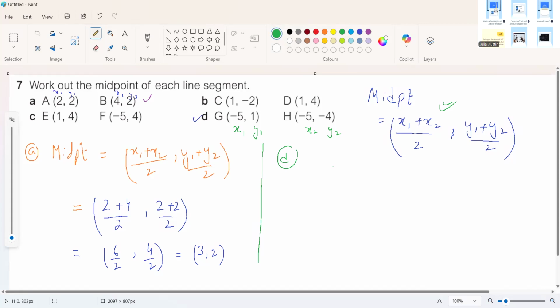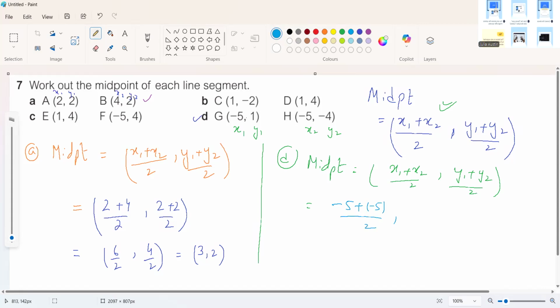So for part D, midpoint is equal to x1 plus x2. I'm just rewriting the formula so that we are familiar with it and how to write it. Now, substituting the values, minus 5 plus minus 5 divided by 2.